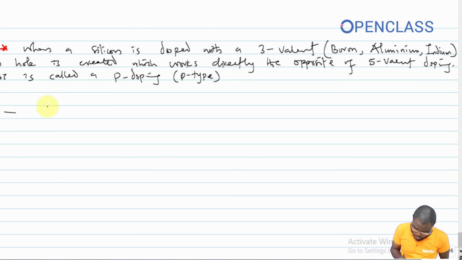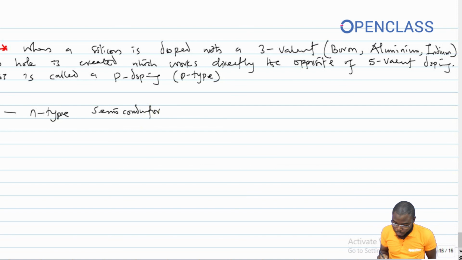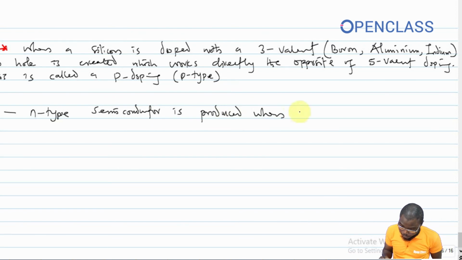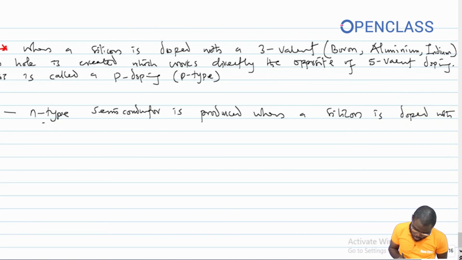So N-type semiconductor is produced when a silicon is doped with phosphorus.